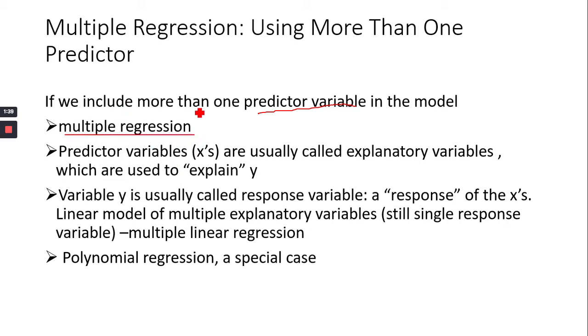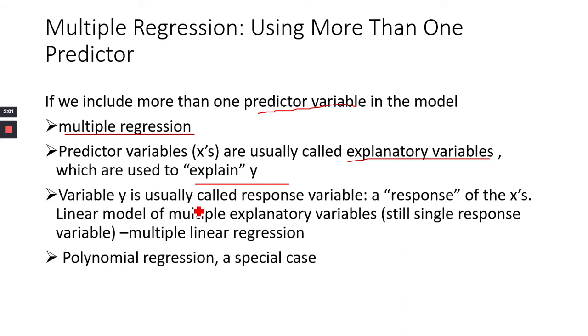But if we have one, we call that simple linear regression. Predictor variables, the xi's, are usually called explanatory variables, which are used to explain y. In other words, explanatory implies that we use them to explain the behavior of y.